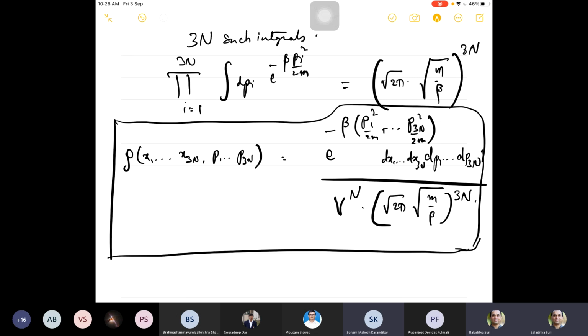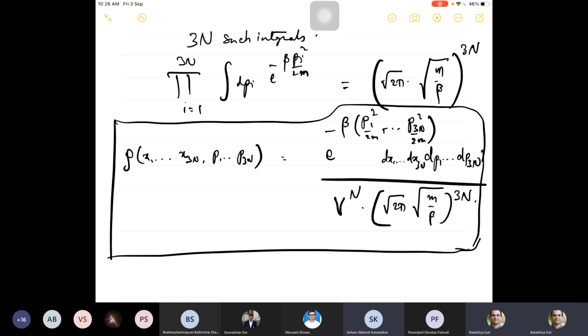Excuse me, sir. Even if it wasn't an ideal gas and all the molecules weren't identical, we could still have written the denominator as V raised to N into a product of root of 2 pi m_i upon beta.